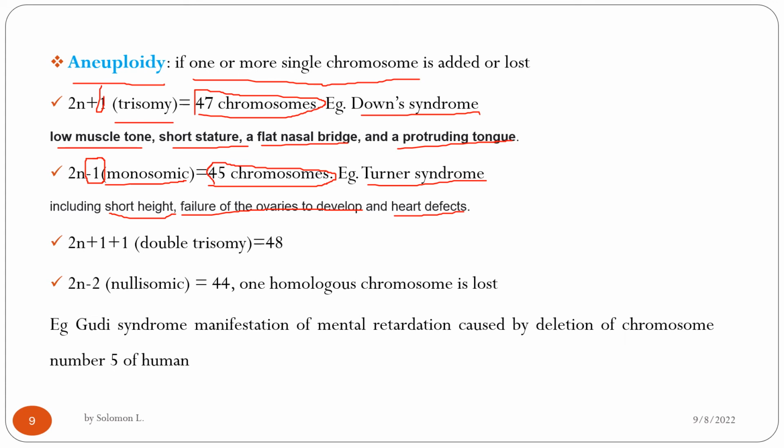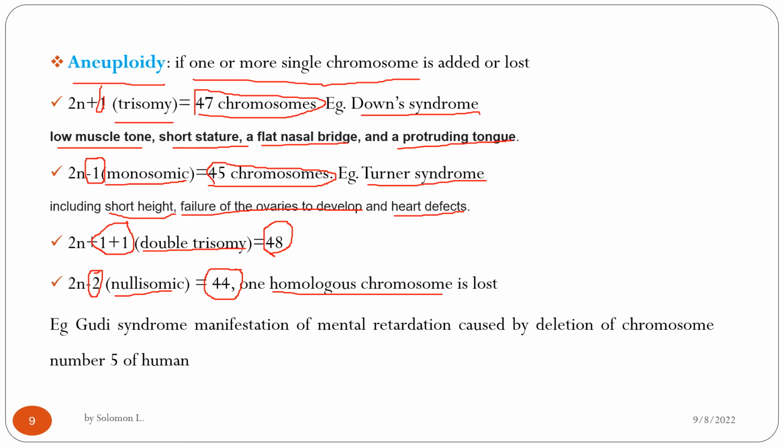The other type of aneuploidy is double trisomy. If two chromosomes are added, so instead of 46, 48 chromosomes are found. And the other type is nullisomy. If two chromosomes, especially two homologous chromosomes, are lost, so instead of 46, 44 chromosomes are found in a body cell.